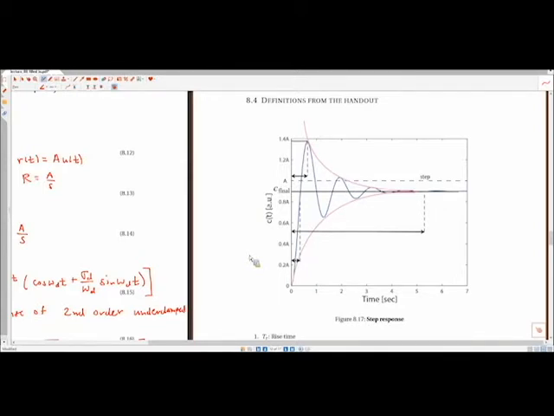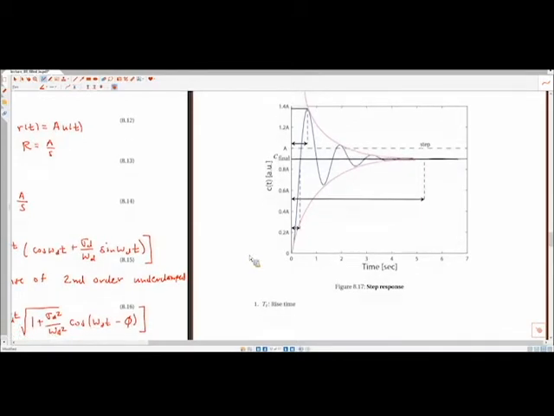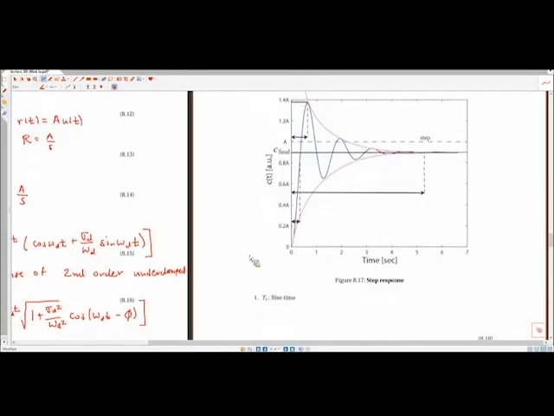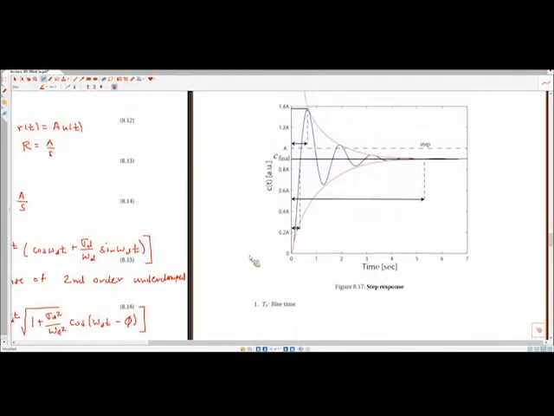Okay, so usually, vicinity is a fuzzy word, right? But this is generally defined as, usually 90% of the new steady state, which we're going to define as C final. So you can see this is already on the chart here. The new steady state is going to be C final.